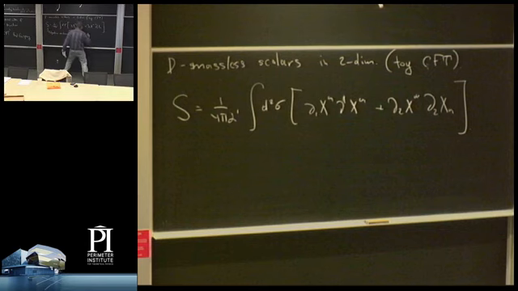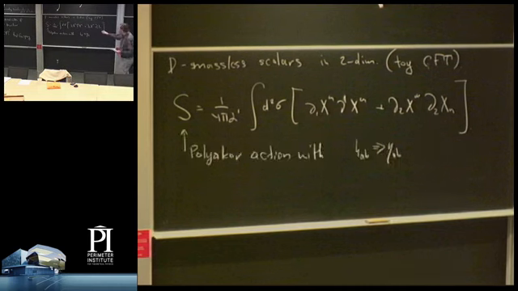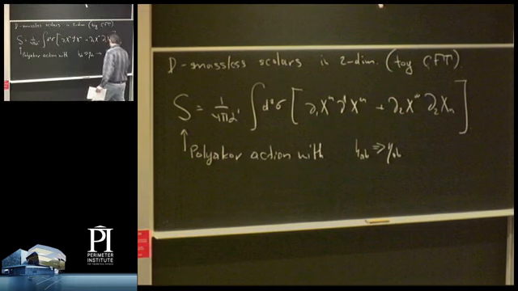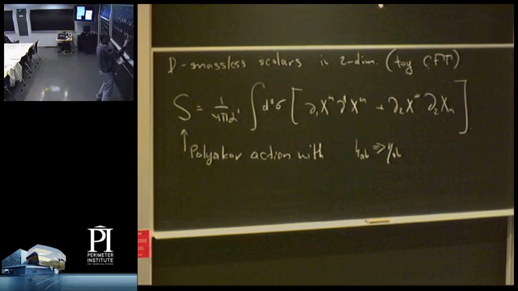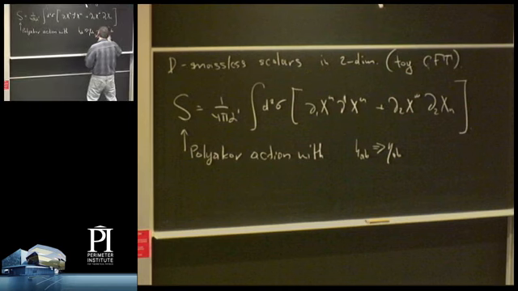Normally I would take eta AB for it to be flat, but actually what I did here, I did a Wick rotation, and so my worldsheet metric is just delta AB. So the theory is Euclidean, so I'm working with Euclidean field theory. Okay, so what we did here is a Wick rotation.